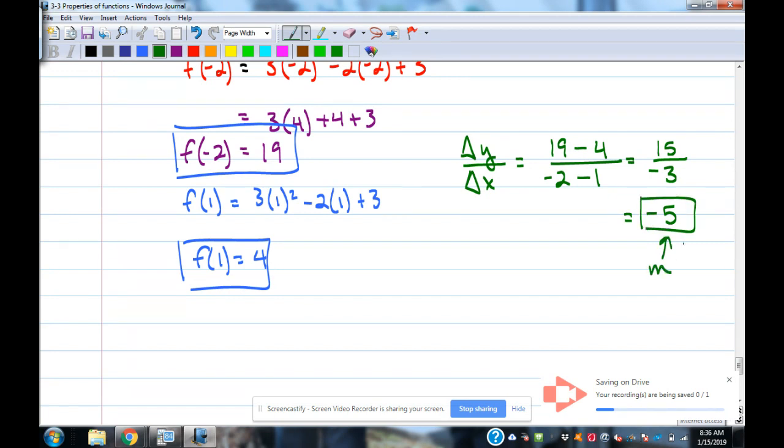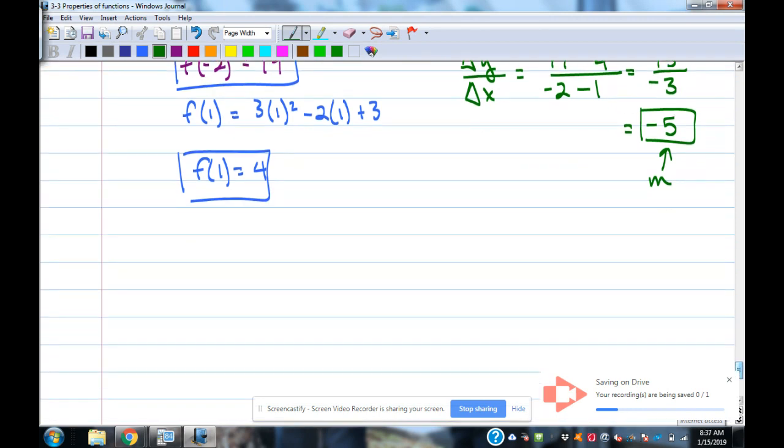Okay. And again, you got options as far as how you go about doing the next part in order to find the y-intercept. You can start with point-slope form, or you can just start with slope-intercept form and plug in and solve for b. So I'm just going to do the slope-intercept form and plug in things I know. I know the slope is -5.